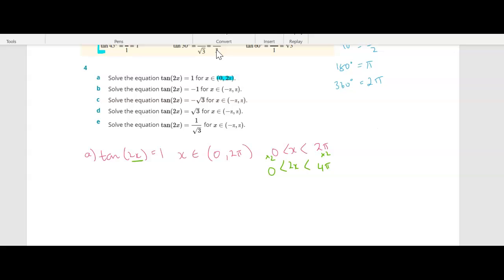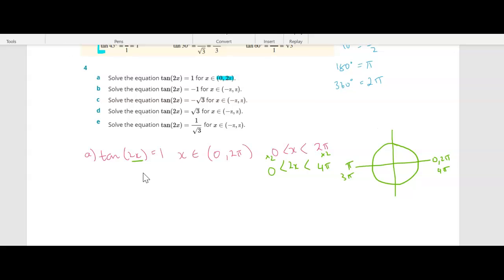So when we get to the end and you see the solutions, you'll see that I haven't changed the domain, but changing your values from 0 to 4 pi means when we're looking at our solutions on the unit circle, we're going from 0 to pi to 2 pi, then to 3 pi, then all the way back to 4 pi. All right, instead of just going from 0 to 2 pi, it helps us find our solutions. Okay, so let's get started.